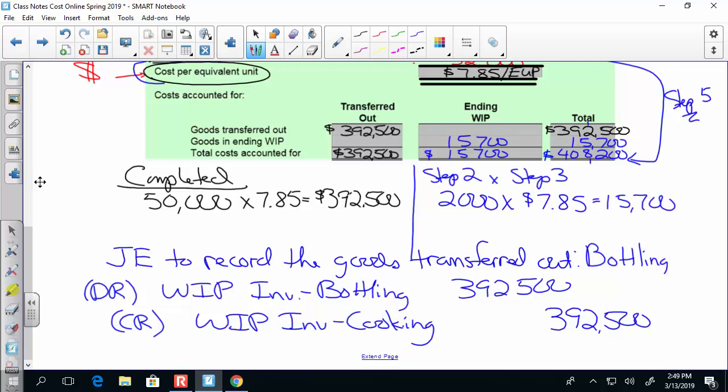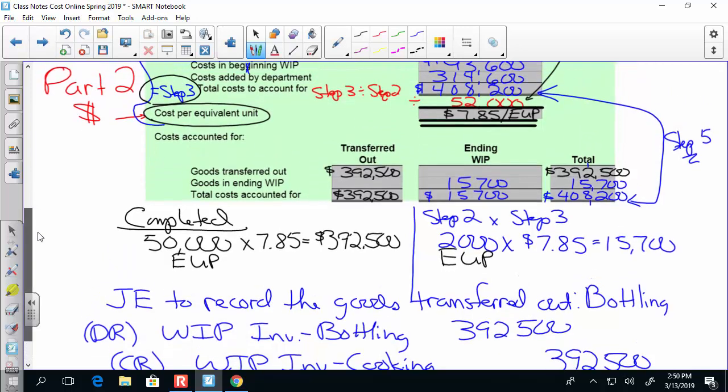And you'll notice in step 4, I'm taking the EOP number in both cases, both for the completed and ending WIP numbers, multiplying it by the equivalent units of production number of 785 to get the dollar amounts transferred out, to get the amount of cost remaining in that department.